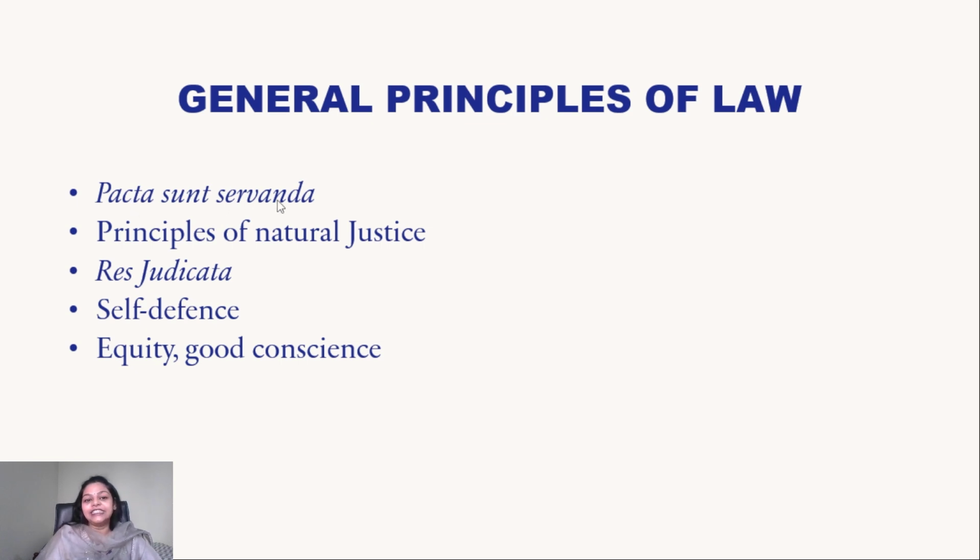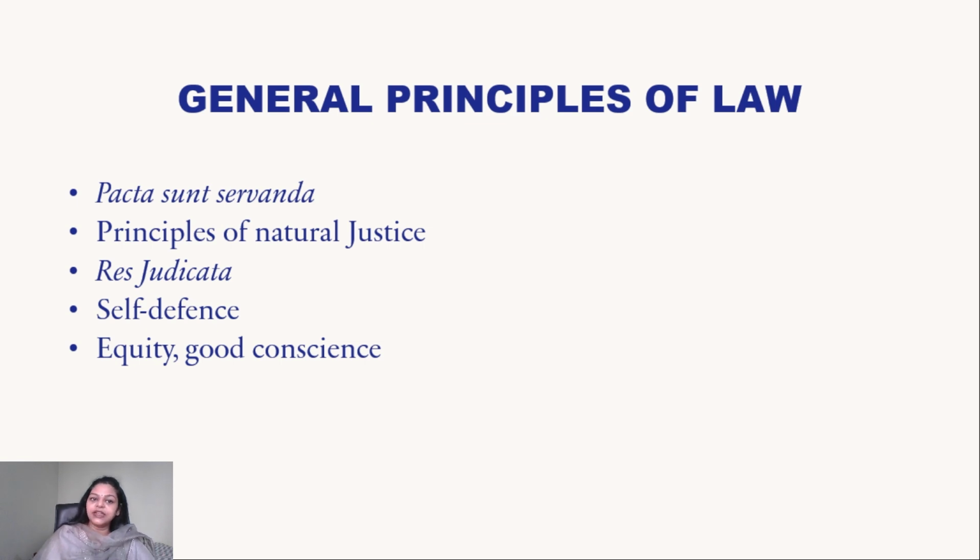It earlier had a customary status, but it has been included as a treaty provision in one very important treaty of international law, which is the Vienna Convention on the Law of Treaties, VCLT in short. The VCLT embodies this international custom, pacta sunt servanda, as one of its treaty provisions.